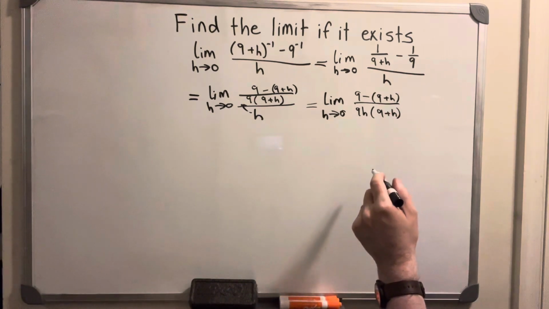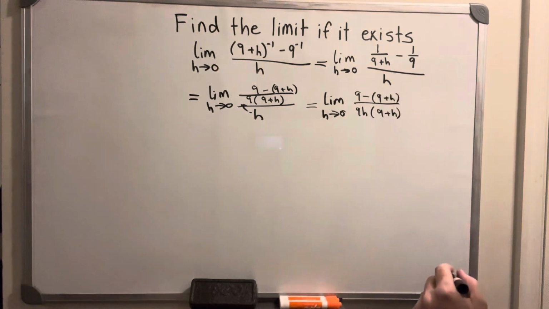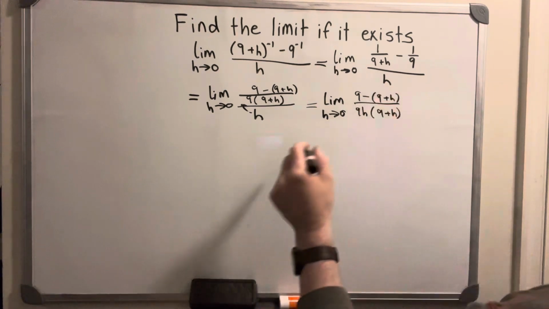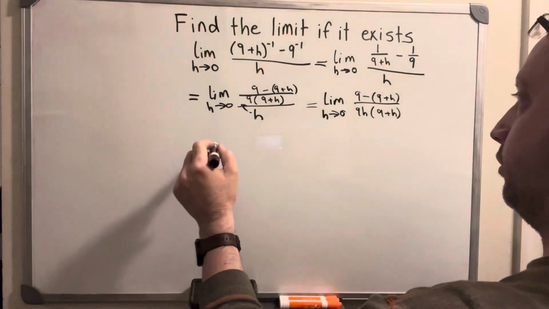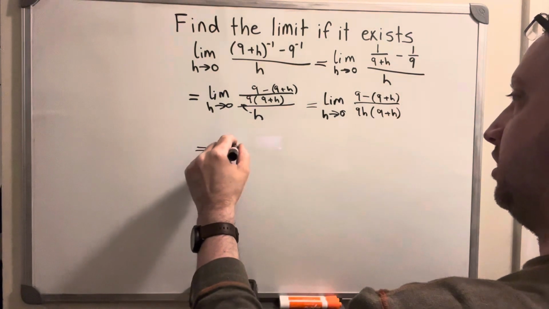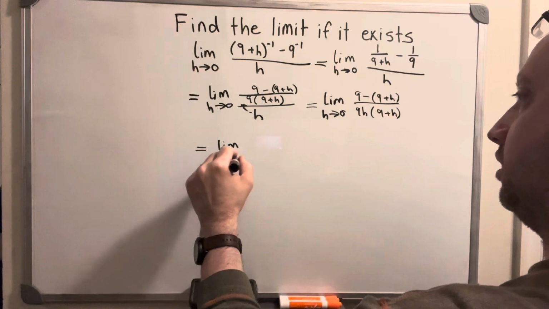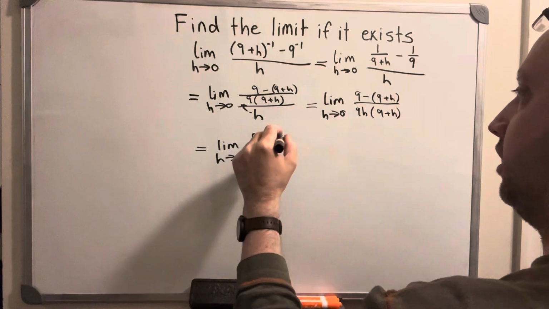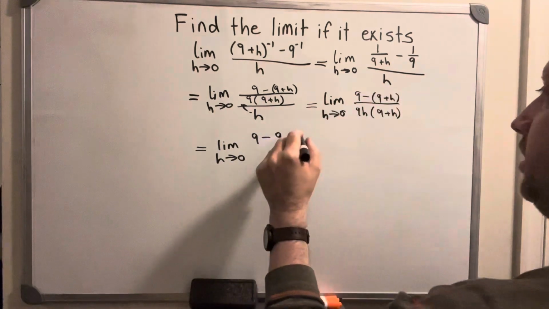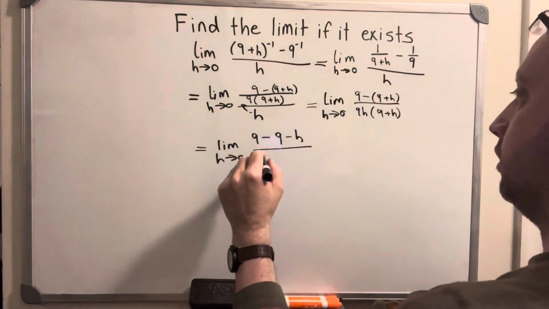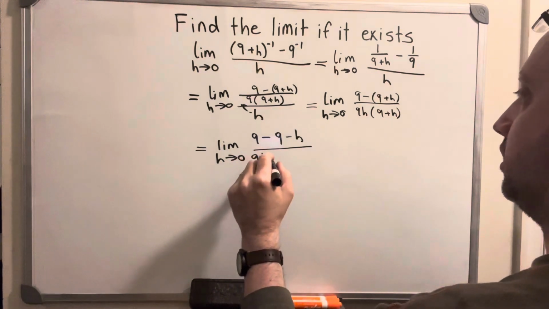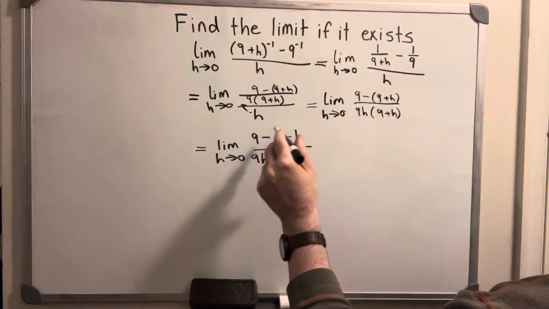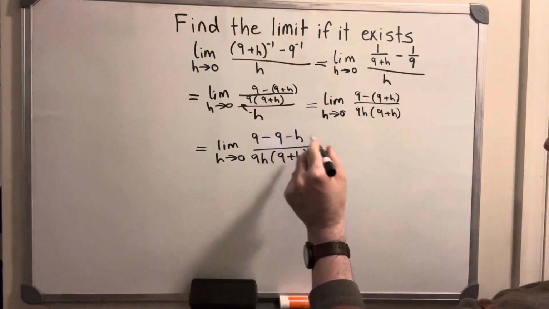Okay. What should we do to the numerator? Yes, we should get it into us without the parentheses. So this is the limit as h approaches 0 of 9 minus 9 minus h over 9h times 9 plus h. 9 minus 9 is 0. 0 minus h is negative h.